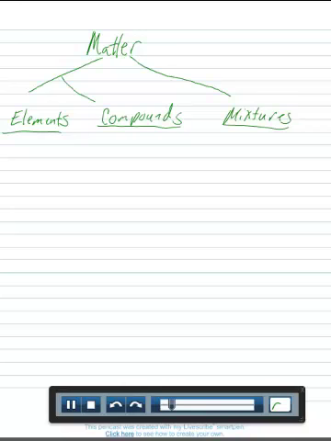Elements are made of only one type of atom. Compounds are made of two or more different types of atoms.